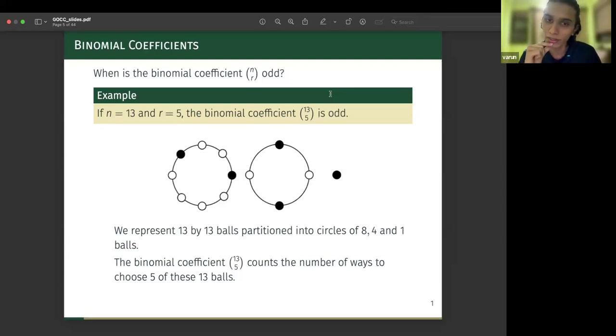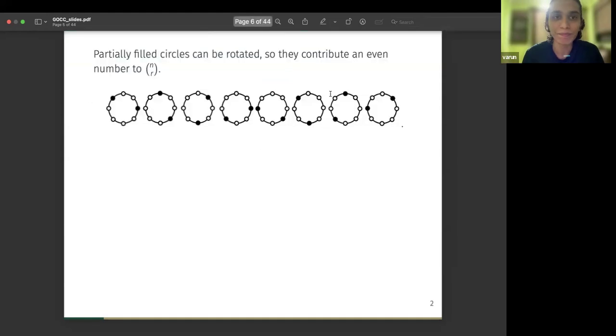And here note that the circle with 8 balls and the circle with 4 balls are partially filled. I'm denoting a ball chosen as filling up the circle. So if we have this configuration, then 2 of the circles are partially filled. Partially filled circles can be rotated.